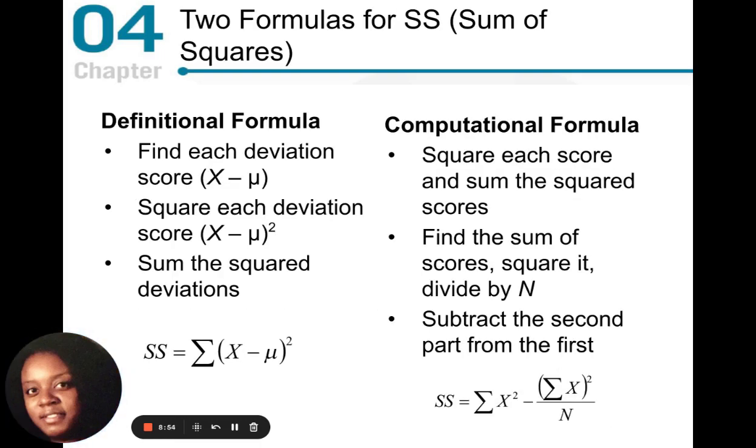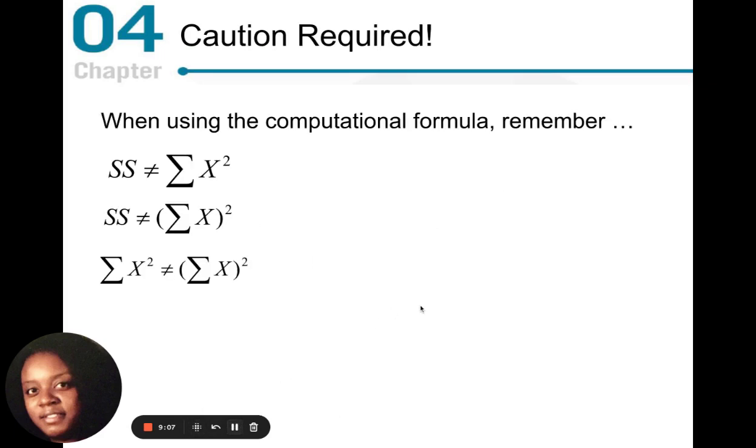We've got our definitional formula and the computational formula for sum of squares. As you're using these computational formulas in your assignments, you always have to exercise caution, because these formulas are often mistaken, and they are not the same, and they're not going to give you the same results.